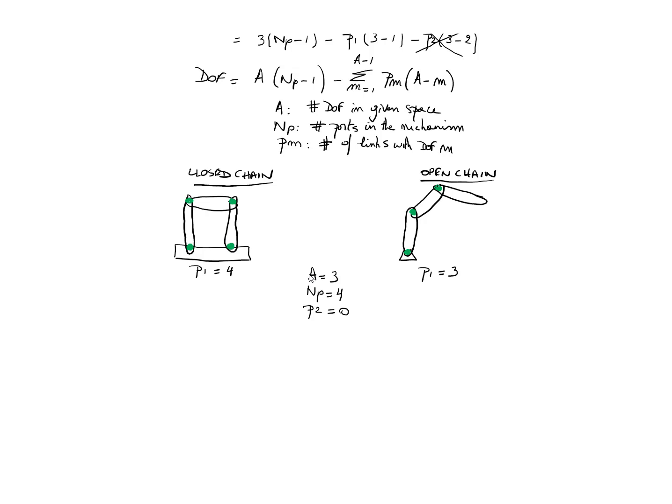There are 3 links with 1 degree of freedom. So we have our formula. In this example we know that NP is equal to 4, so I can replace NP by 4.